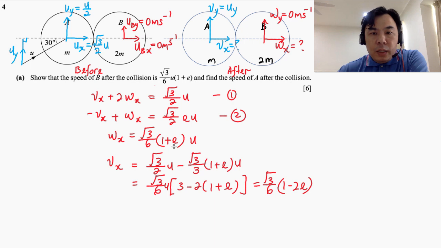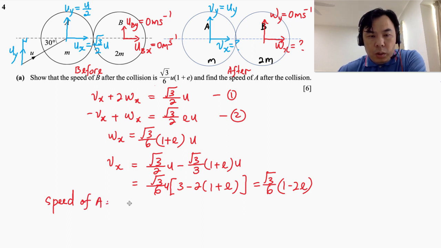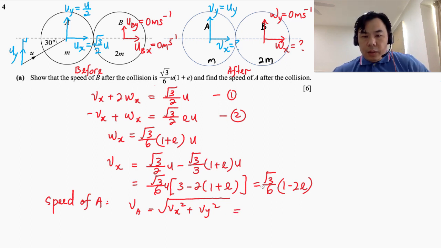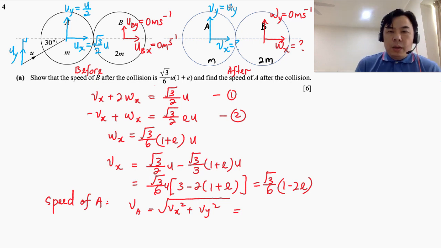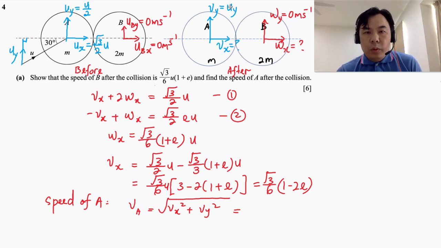And then finally, the speed of A after collision. So speed of A, as usual, is the square root of Vx squared plus Vy squared. Okay, and then Vx is over here, and then my Vy is the same as Uy because there's no impulse in the vertical component.